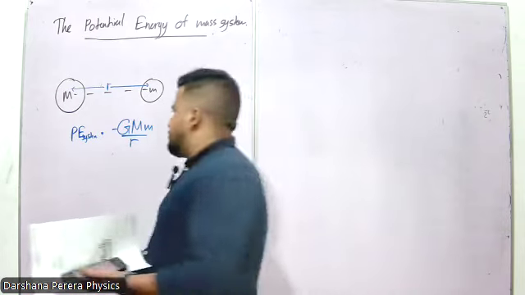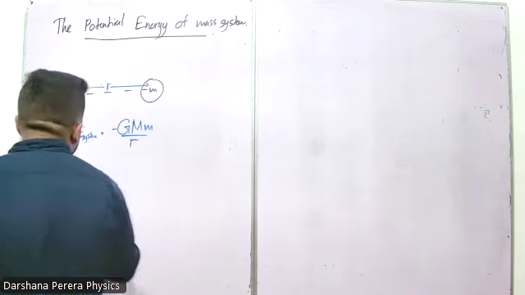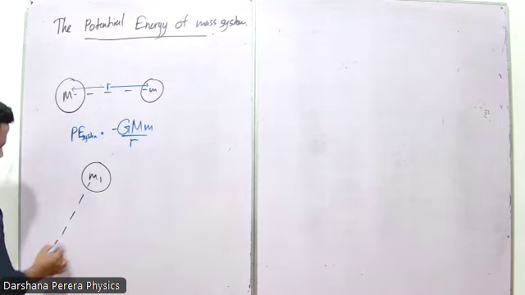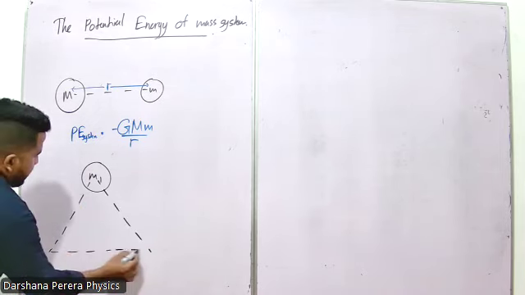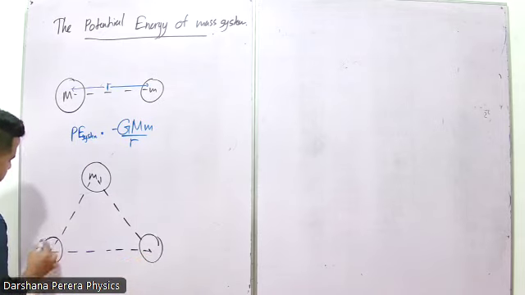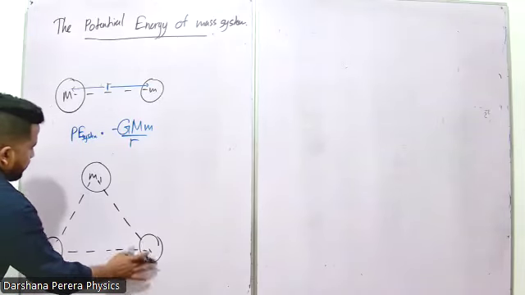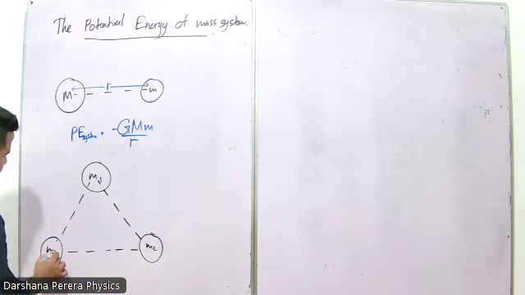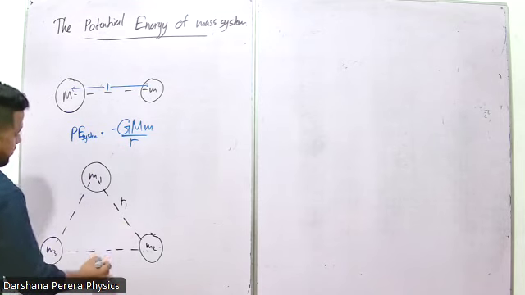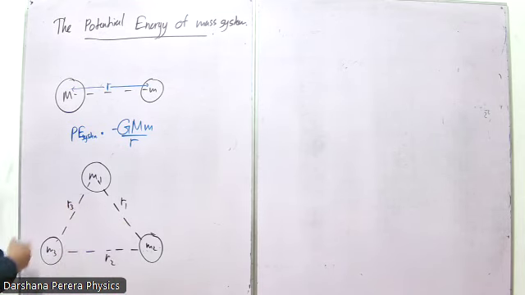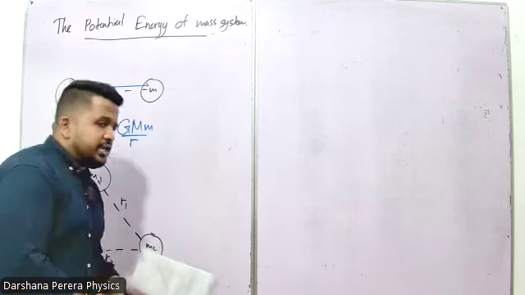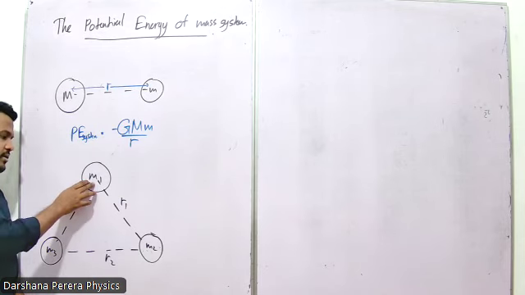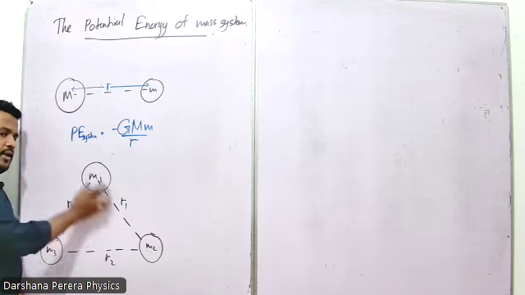So likewise, when I take a triangle with masses m1, m2, m3 and distances r1, r2, r3, to get the potential energy of this system I have to take m1 producing the gravitational field to this one and this one.